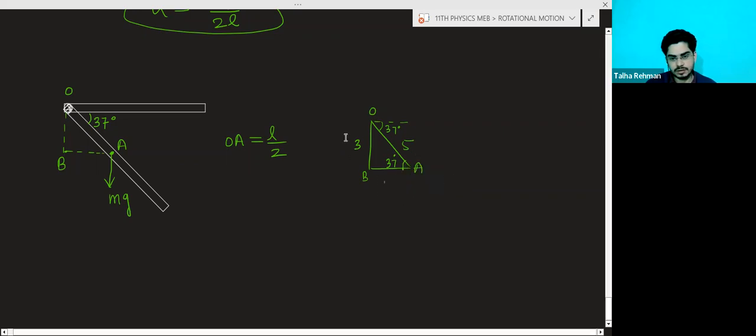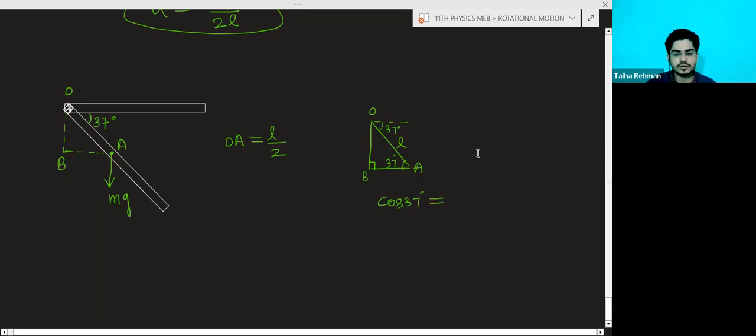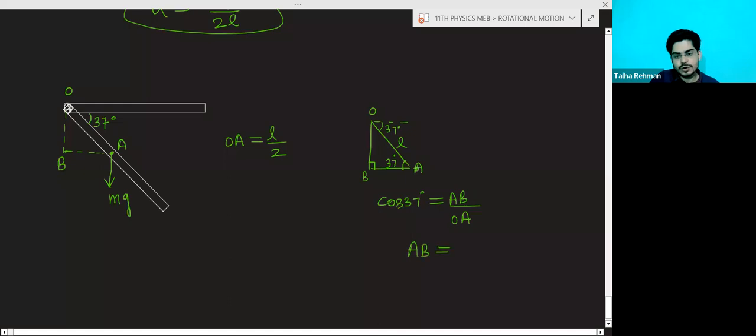Another way: if this angle is 37 degrees and OA is L by 2, you can apply trigonometry here. cos 37 is AB divided by OA. OA is not L, it is L by 2. So you will get AB as L by 2 cos 37.